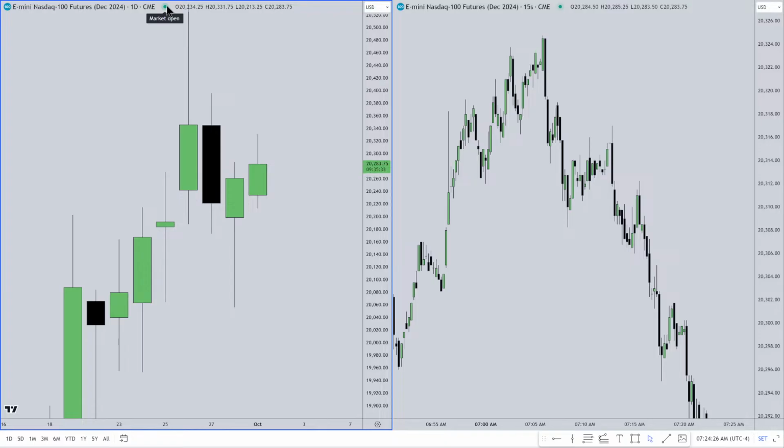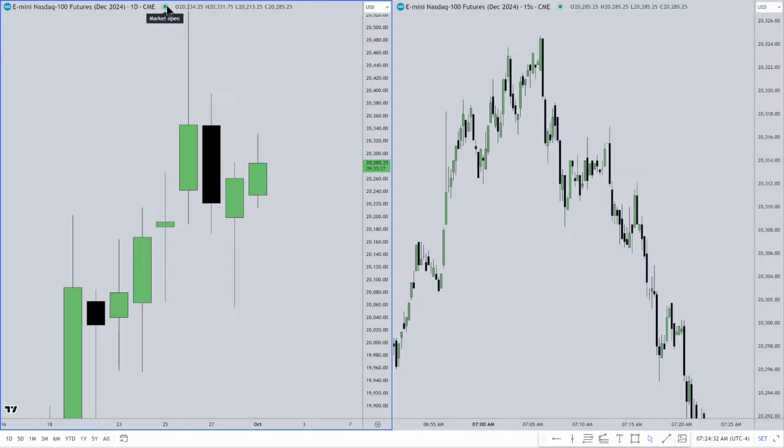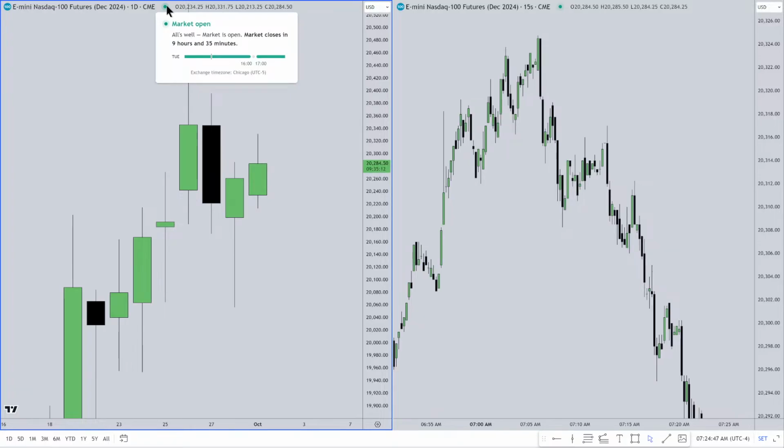I wasn't even aware that market replay was a thing. But I started showing this little status button here, and I always toggle it so it tells you how much time is left while the market's open. You can't pull that up when you're using market replay.